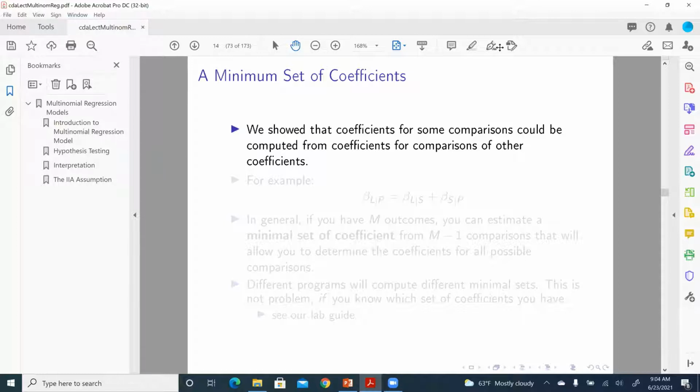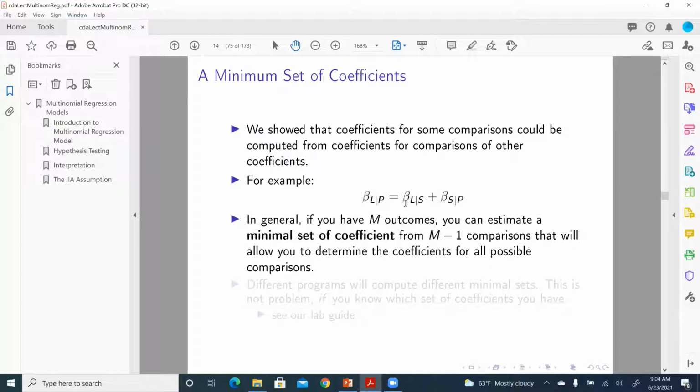For example, the coefficient vector for the odds comparison of laborer versus professional is equal to the coefficient vector of laborer versus skilled workers, plus the coefficient vector for the odds comparison of skilled workers over professional.